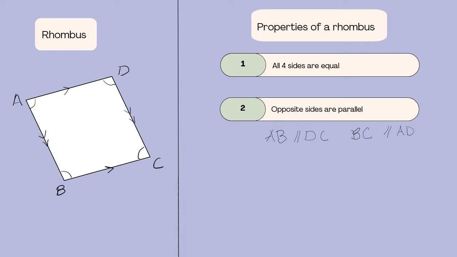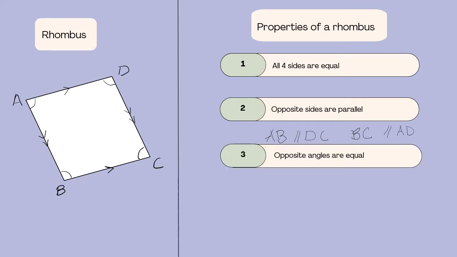The next property of a rhombus is opposite angles are equal. So opposite angles meaning that if A is 45 degrees, then C is 45 degrees.